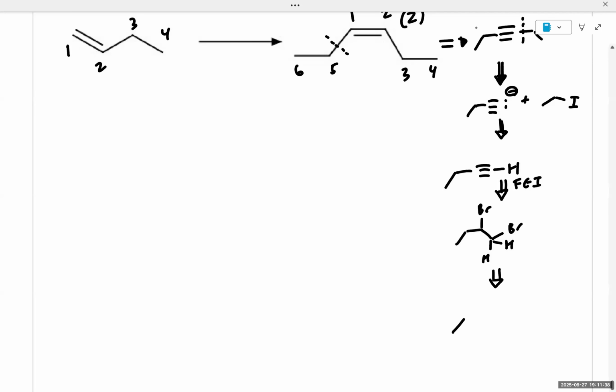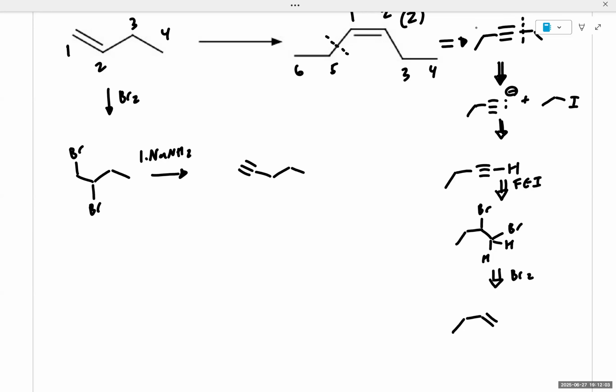Well, we can make the dihalide from the corresponding alkene. Now let's go in a forward sense. So first things first, I'm going to treat this alkene with bromine. That in turn generates the dihalide. I treat this dihalide with sodium amide. That in turn eliminates the dihalide.